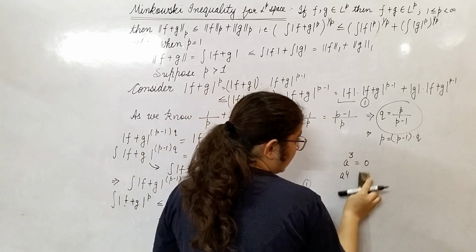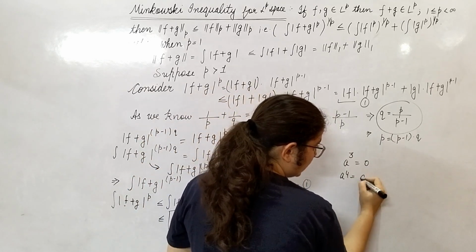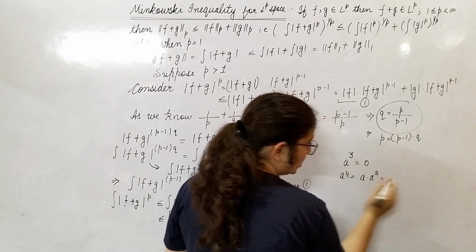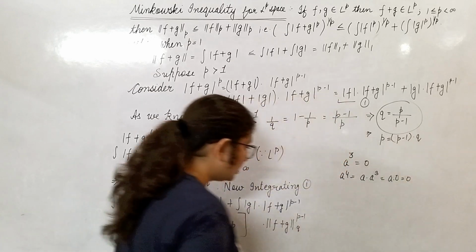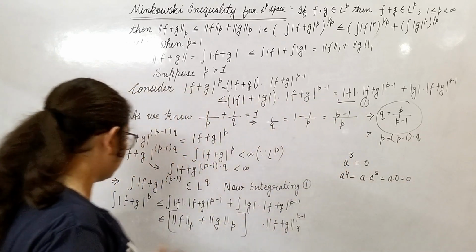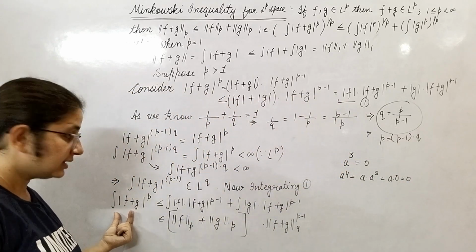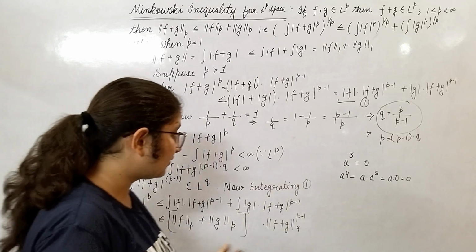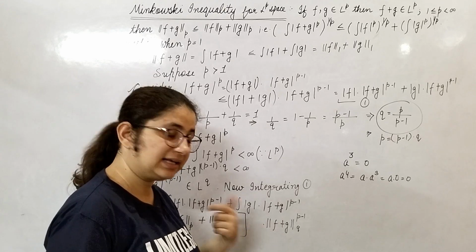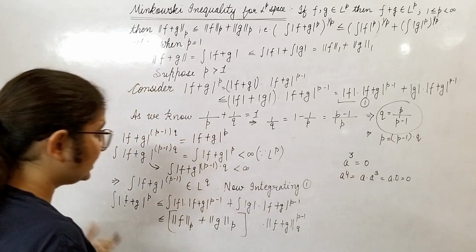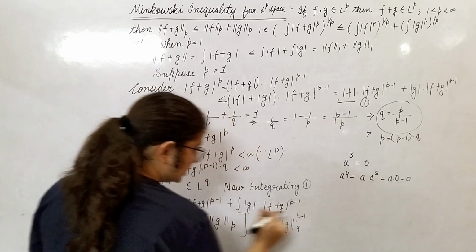How? I can write a raised to the power 4 as a into a raised to the power 3. What is the value of a raised to the power 3? a into 0 equals 0. So here, if this term is equal to 0, then this is also 0. That means the inequality is already proved. The inequality is obvious. Now we are taking that this term is non-zero.